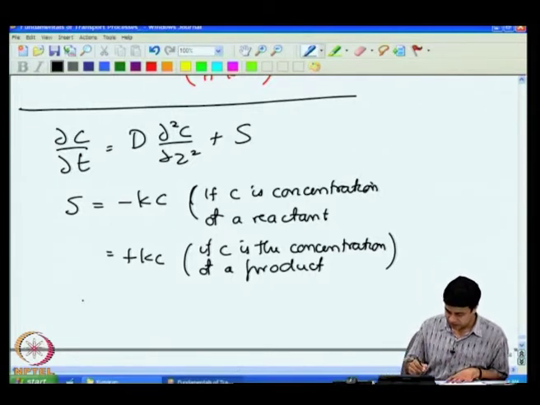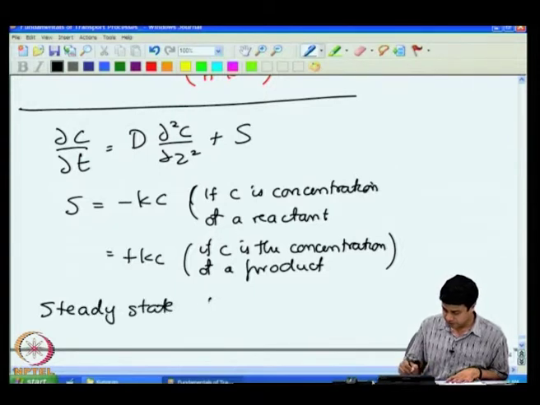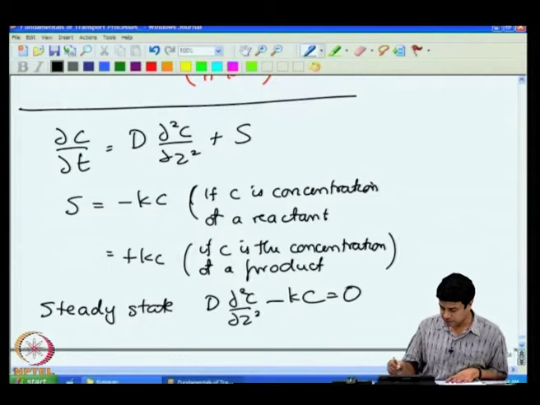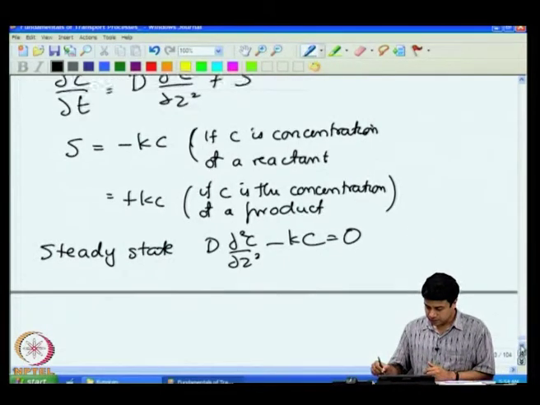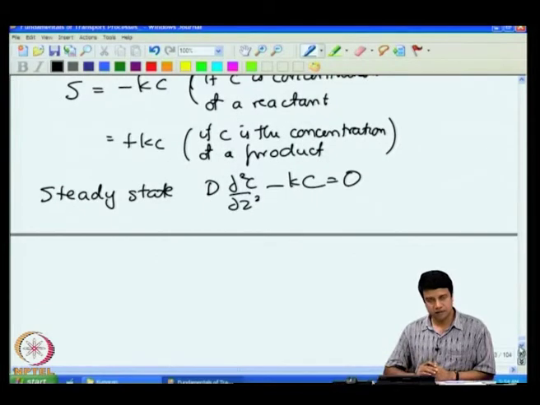The reaction at steady state gives d square C by dz square minus k C is equal to 0. And from the reaction rate and the diffusion constant, you end up getting a length scale out.